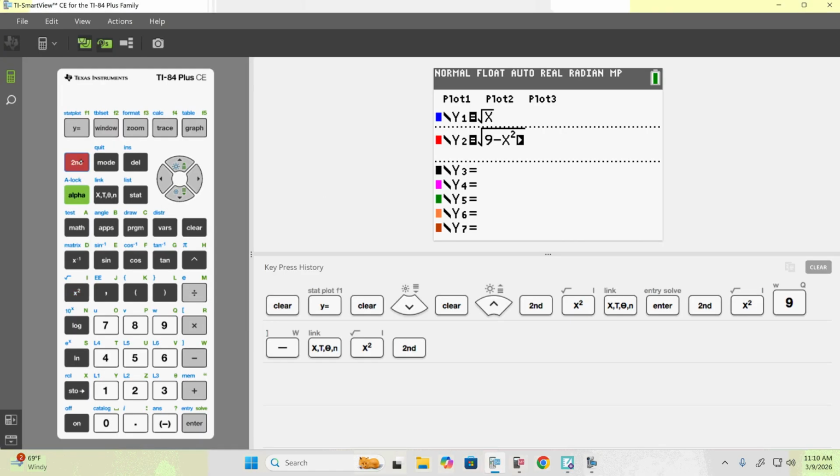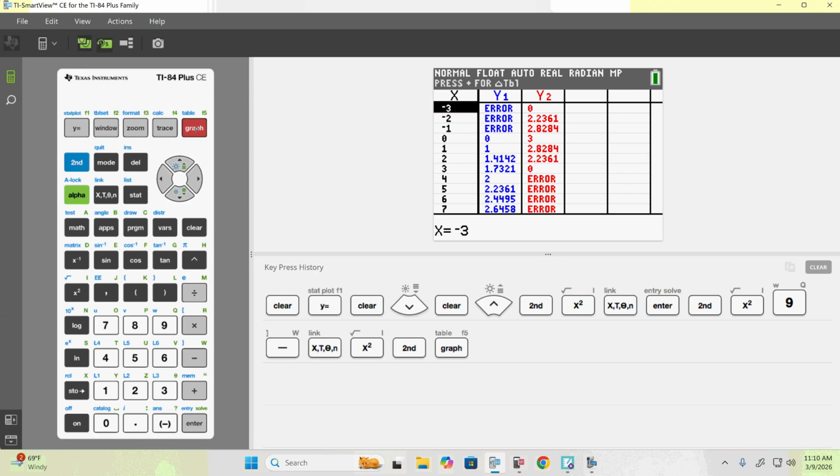One of them is going second graph, so we pull the table up and add the two y values that they gave us. Because when x is 2, our first one, f of x, is going to be 1.4142, and g of x is going to be 2.2361. We can get a second calculator, add those together, and have it do that there.